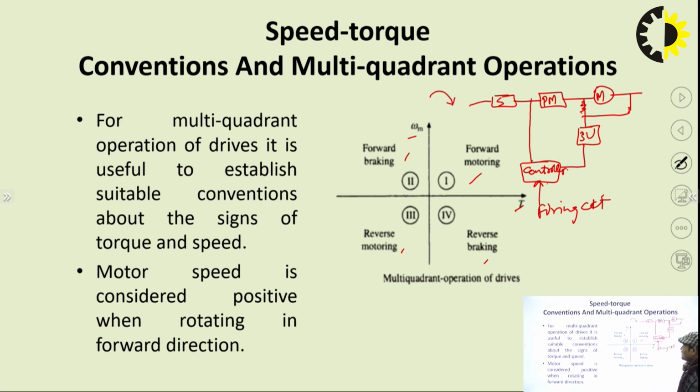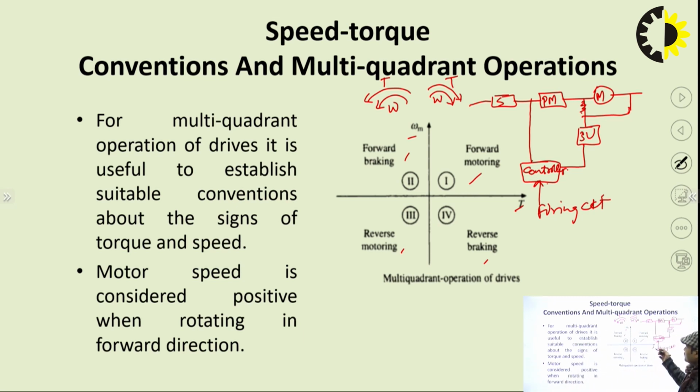We can take this direction as the positive direction of the speed and the positive direction of the torque, or someone may want to take the other direction as positive. There will be no problem once you have suitably set the direction of speed and torque.